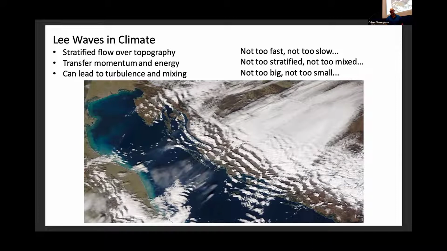The propagation of lee waves is a real Goldilocks situation where the flow needs to be not too fast or too slow. If it's too fast, it just leads to localized mixing. If it's too slow, nothing happens. The stratification needs to be not too strong, but also not too weak, not too mixed. And the topography itself needs to be of the right scale as well.